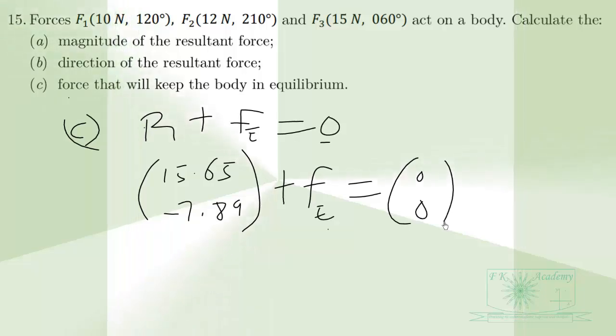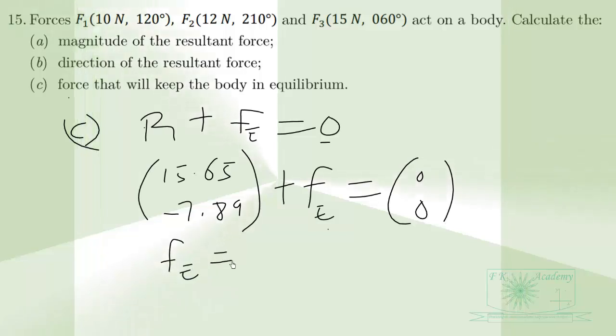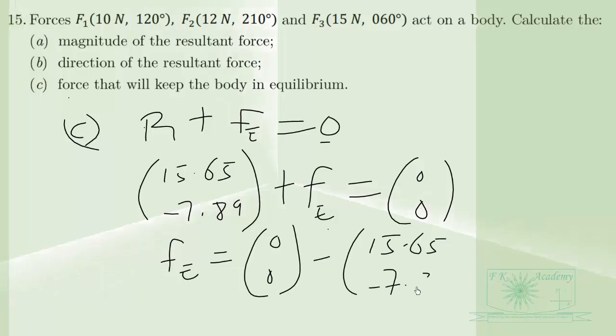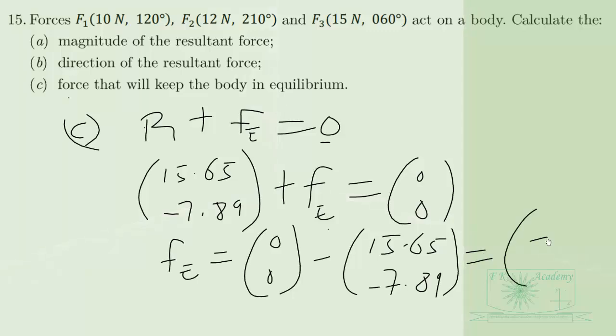So F that will keep the body in equilibrium is equal to 0 minus 15.65, then negative 7.89. So that force will be equal to negative 15.65, then 7.89.